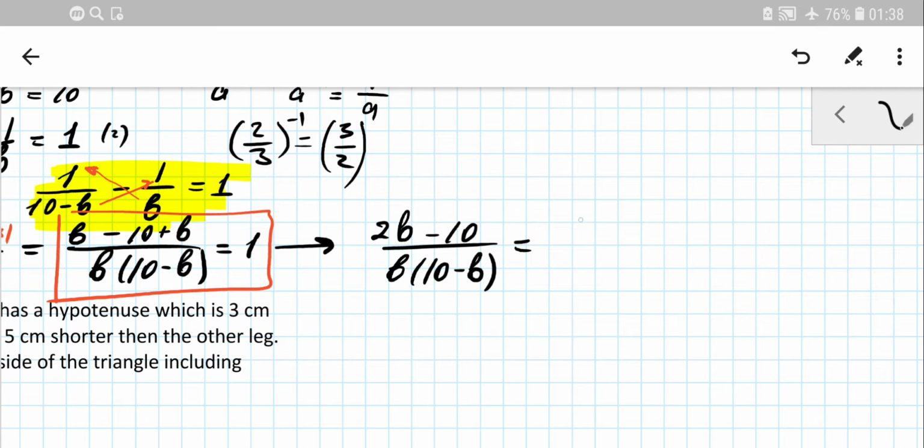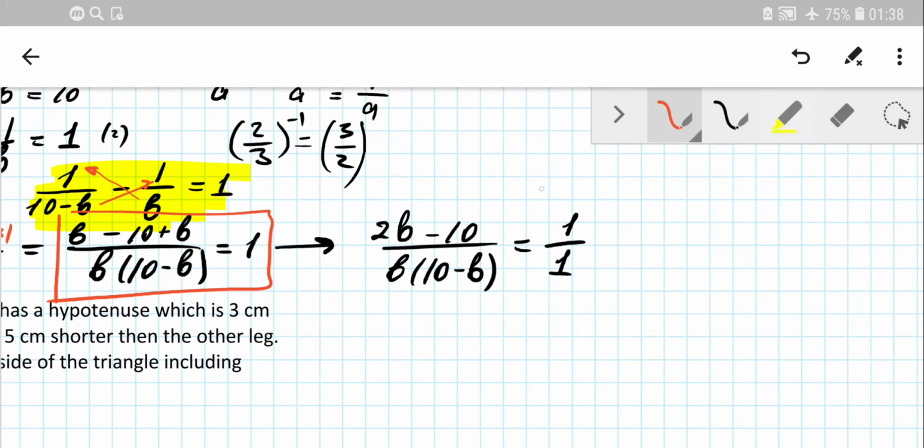And that's equal to 1. However, I would like to use fractional. So you saw many times that we came to, in our course, fractional equations, and now we just need to resolve it. Okay, so what we're going to do, we're going to do crisscross multiplication. Okay, so let's do that. And because there are ones, we're simply multiplying b 10 minus b by 1 and crisscross the same.